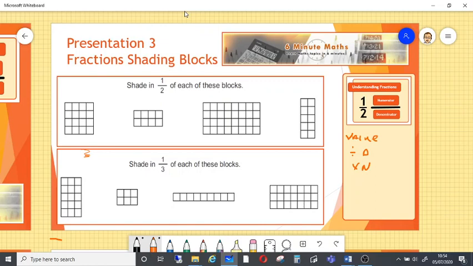So this first box says shading half of these blocks. Well, I know there is 4, 8, 12, there's 16 blocks there. So if I take that 16, divide it by the denominator, which is 2, and times it by the numerator, which is 1, then that will give us an answer.